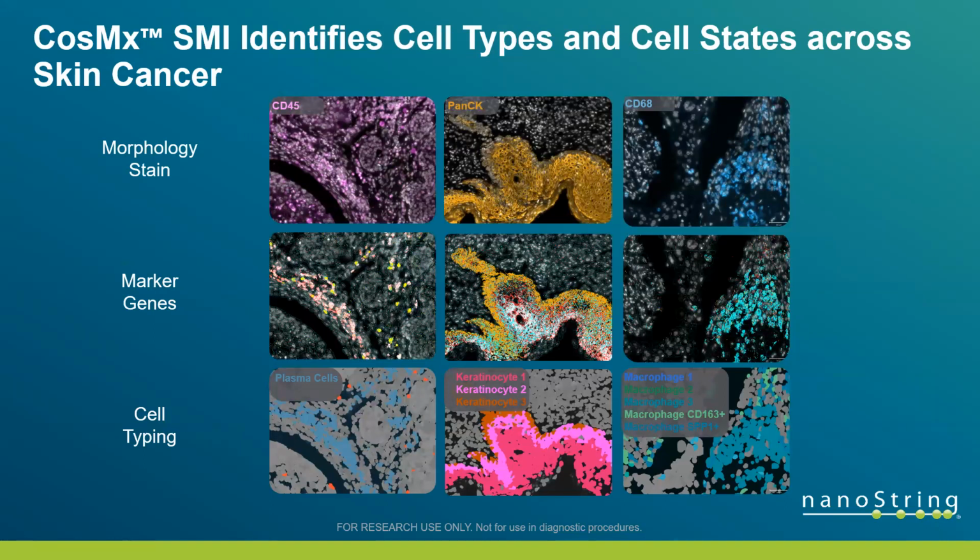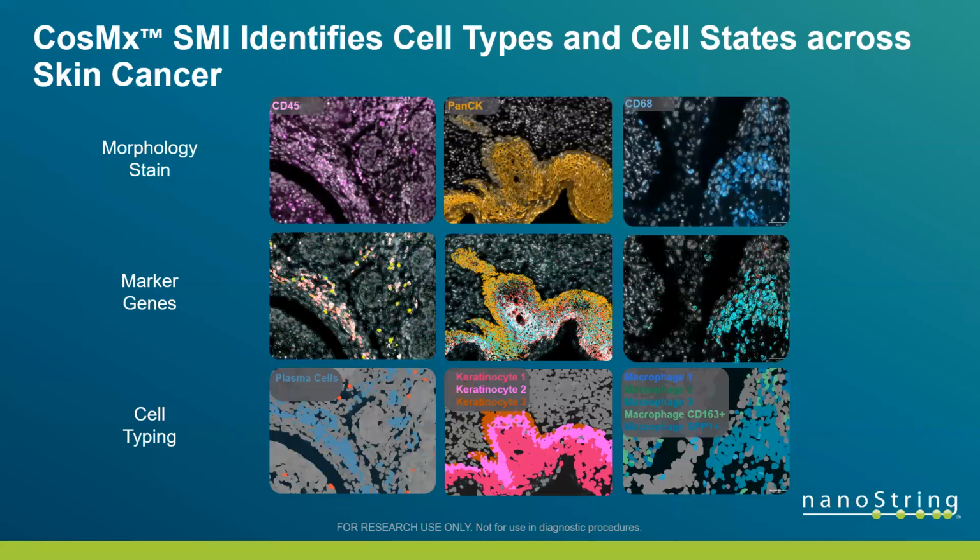So what this figure shows is the co-localization of specific cell types, the marker genes, and then the stained proteins for these 3 major cell types in this cancerous skin region. The top rows are the morphology staining for plasma cells, for CD45, keratinocytes, PNCK, and then macrophages in that teal for CD68.